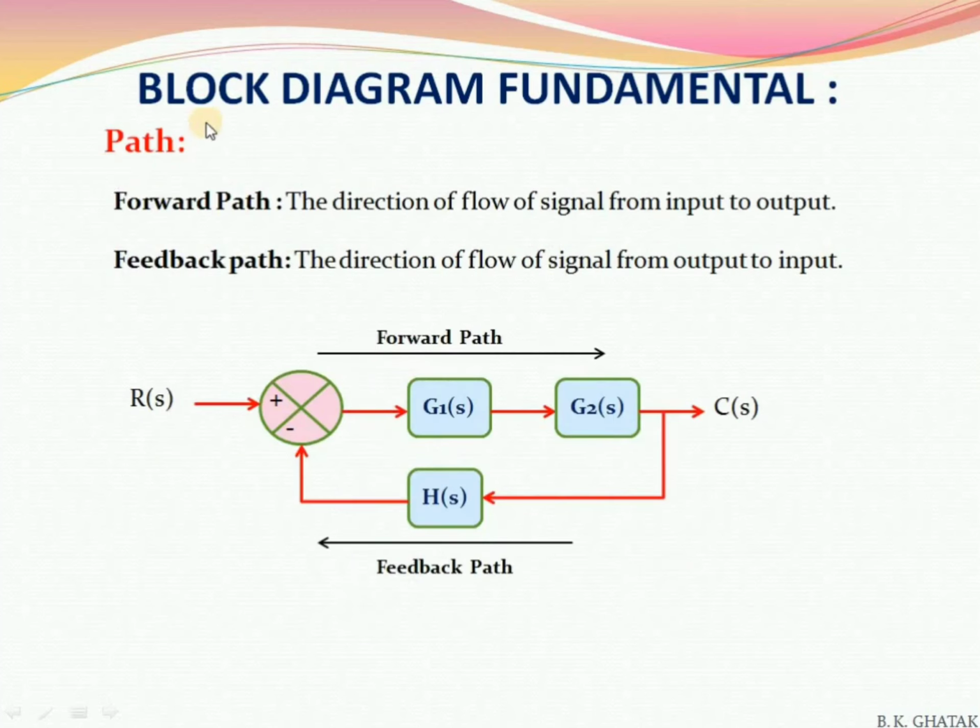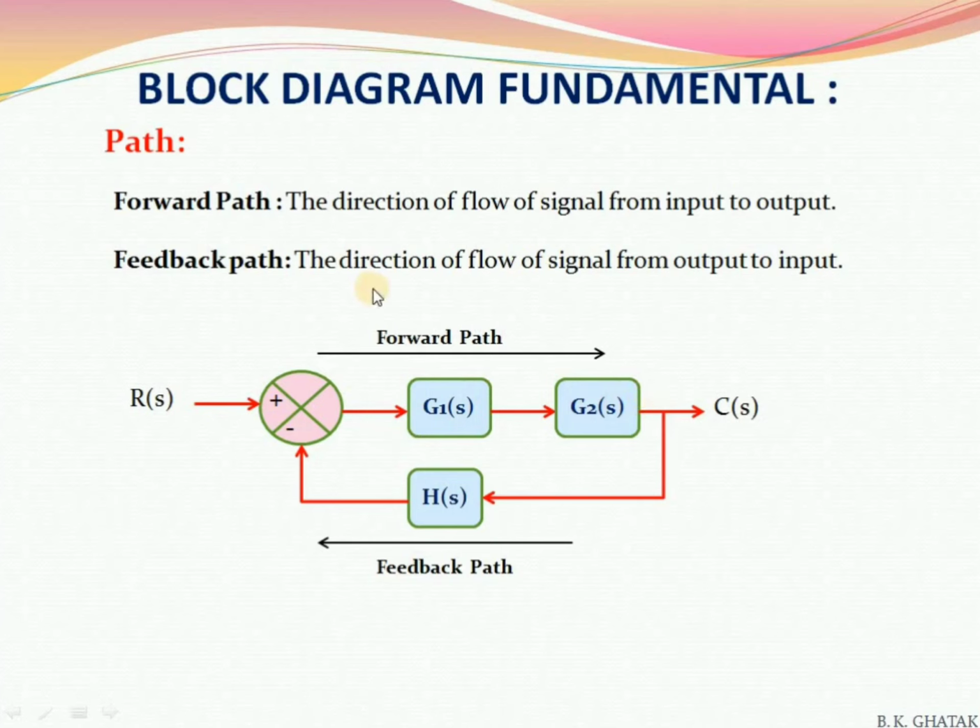Next is known as path. Here we see that here is a forward path and here is a feedback path. Forward path is the direction of flow of signal from input to output. Clear? So from input to output there are three blocks. One is the summing block, next forward transfer function block 1, then forward transfer function block 2, then output.